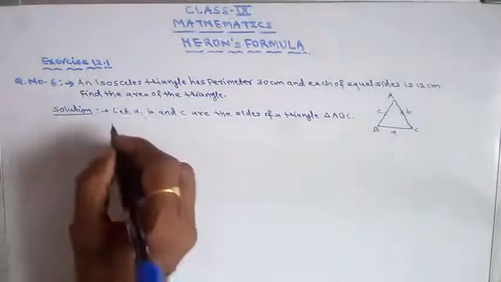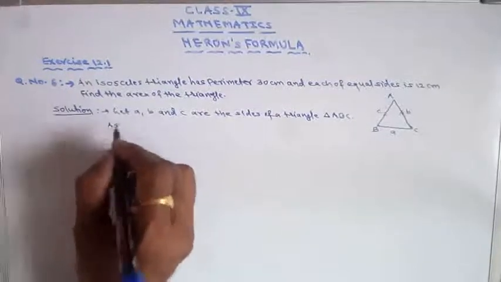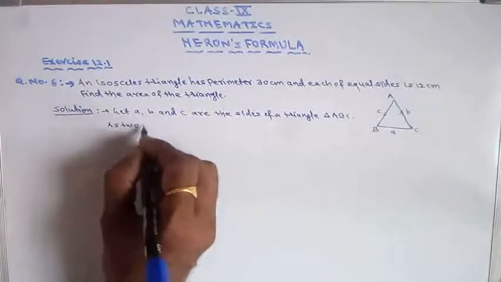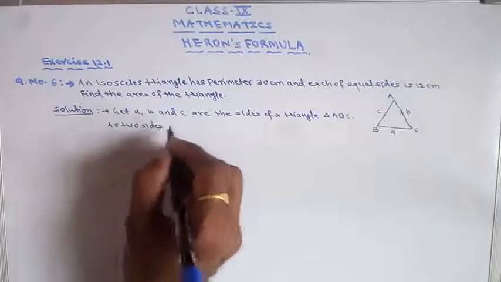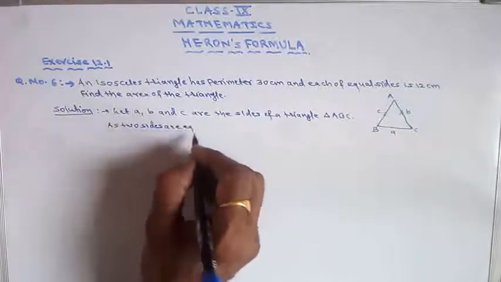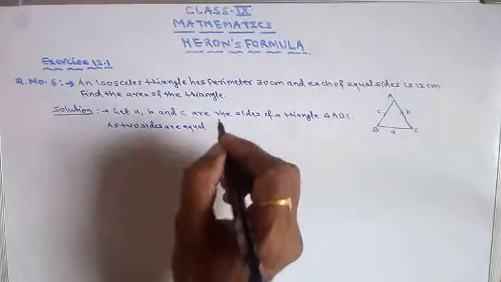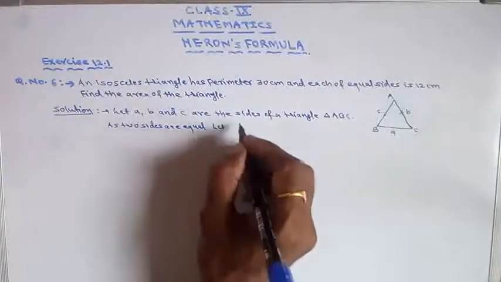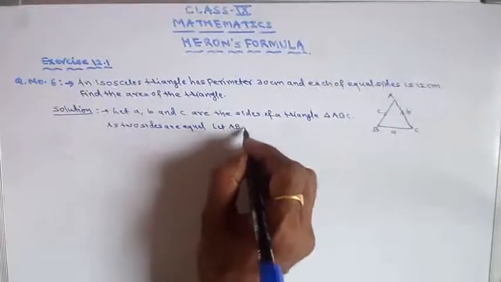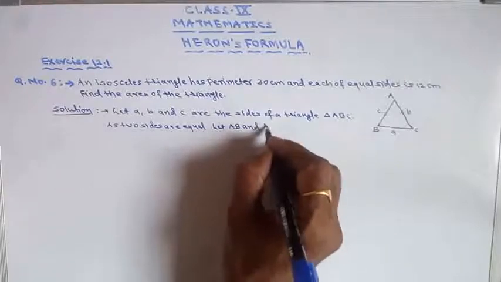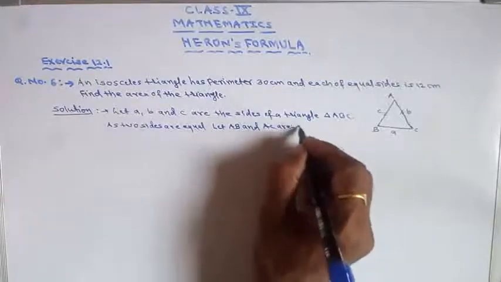Okay, so as two sides are equal, let AB and AC be equal.